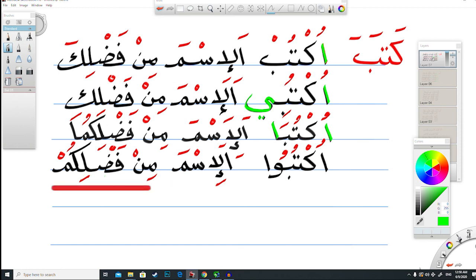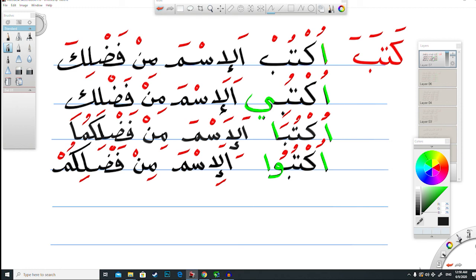Notice the change of the word here. Okay, let's see what we have added to the root. We added Hamzat wasl, alif without hamza, and we added the waw and the separate form of the letter alif. اكتبوا.